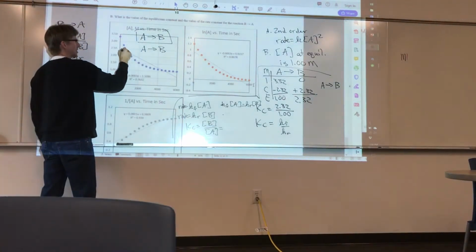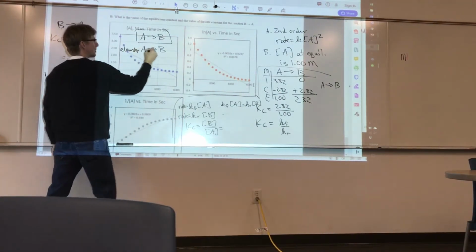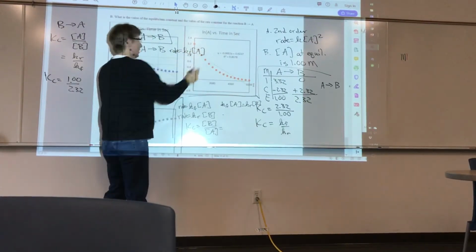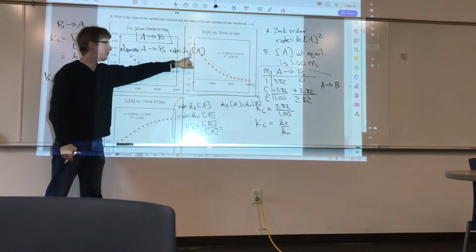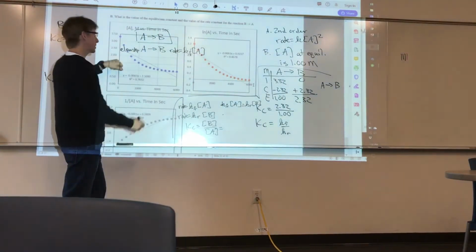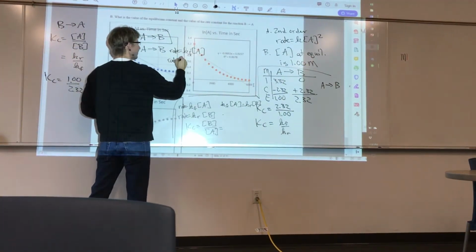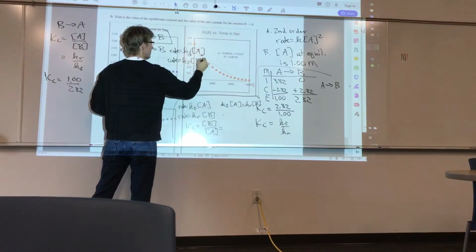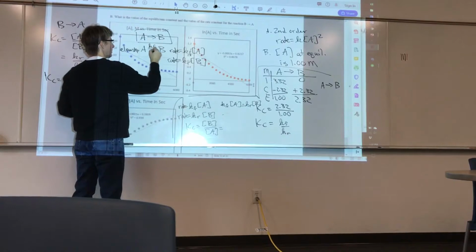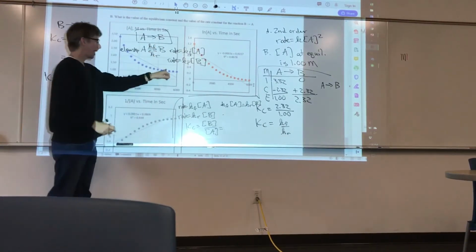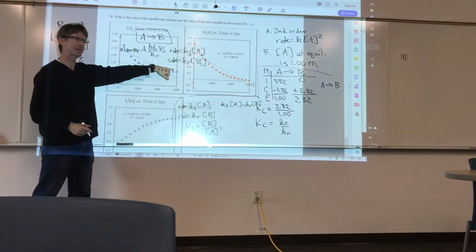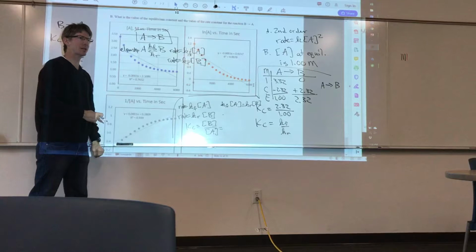I'm going to stick with this for a few seconds, and I'm going to say that if we assume this is an elementary step, then we can say that the rate equals K forward times the concentration of A. For the reverse reaction the constant is Kr, and since this reaction is at equilibrium, those rates are equal to each other, and you can get an expression for the equilibrium constant.